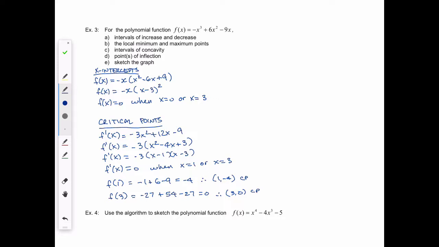The next thing I'm going to do is my inflection points. For my inflection points, we need f double prime of x. So I go back to my derivative function. It's going to be negative 6x plus 12. I'm going to factor out something if possible.